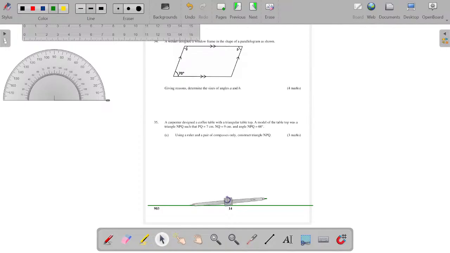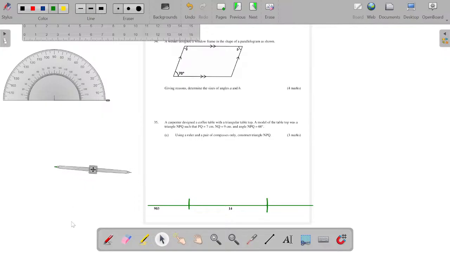I'll make an arc. And I'll bring it here to where I've made my arc. Give it a rotation and make an arc.